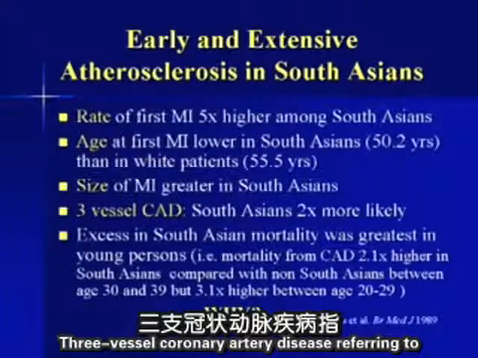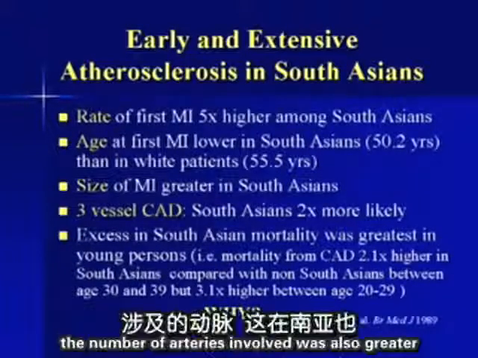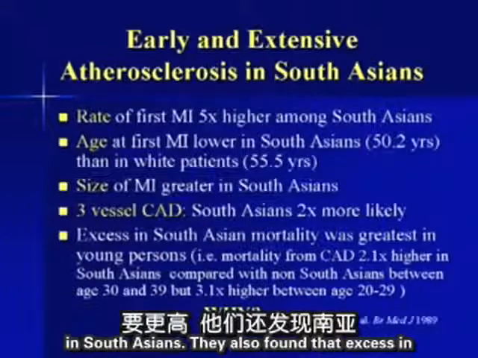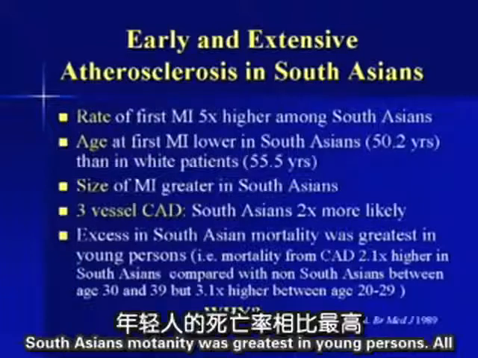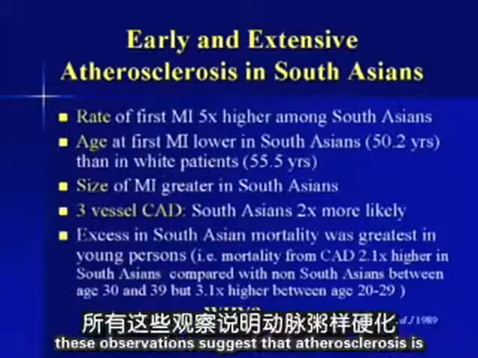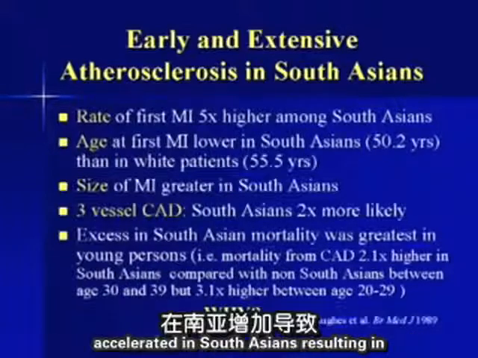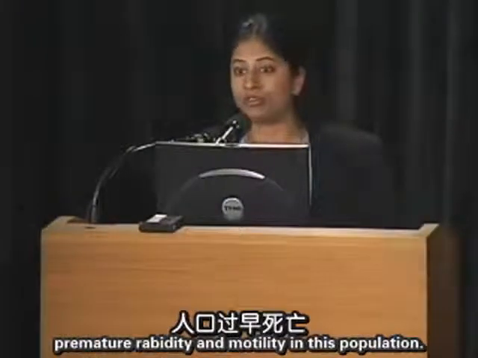And 3-vessel coronary artery disease, referring to the number of arteries that are involved, was also greater in South Asians. They also found that excess South Asian mortality was greatest in young persons. All these observations suggest that atherosclerosis is accelerated in South Asians, resulting in premature morbidity and mortality in this population.